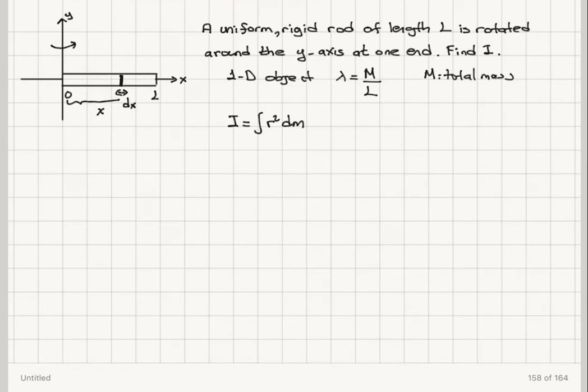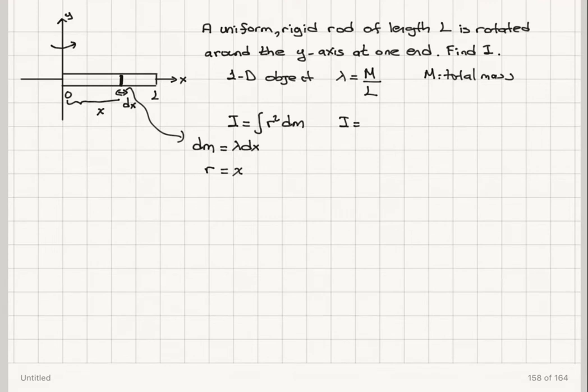Okay, so it's a one-dimensional object. So I ask myself, what is the mass of this particle dm? It has to be lambda dx. And what is its distance to the rotation axis? That is x.